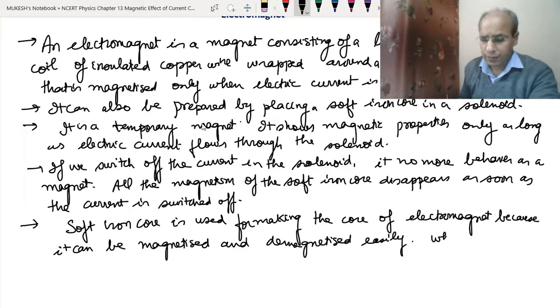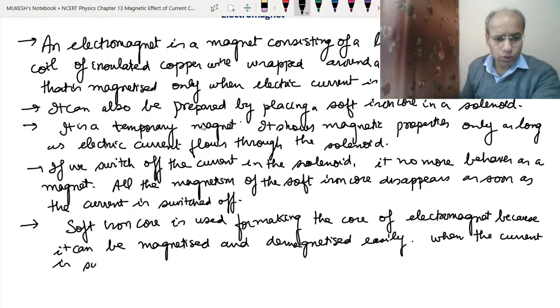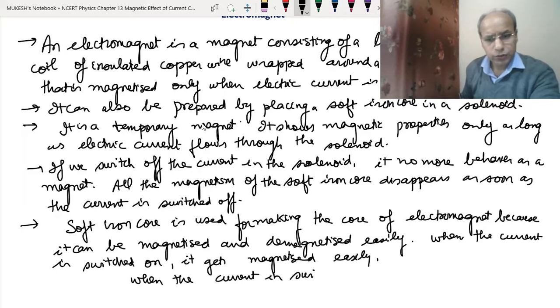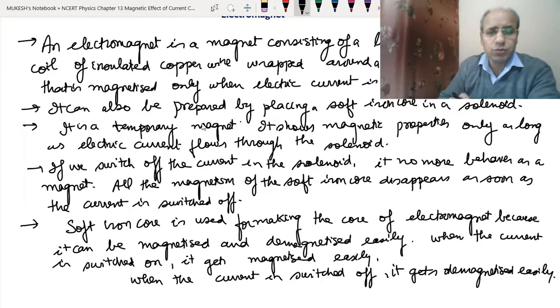Okay, when the current is switched on, it gets magnetized easily. And when the current is switched off, it gets demagnetized easily. So this is the reason that we use soft iron as the core of the electromagnet.